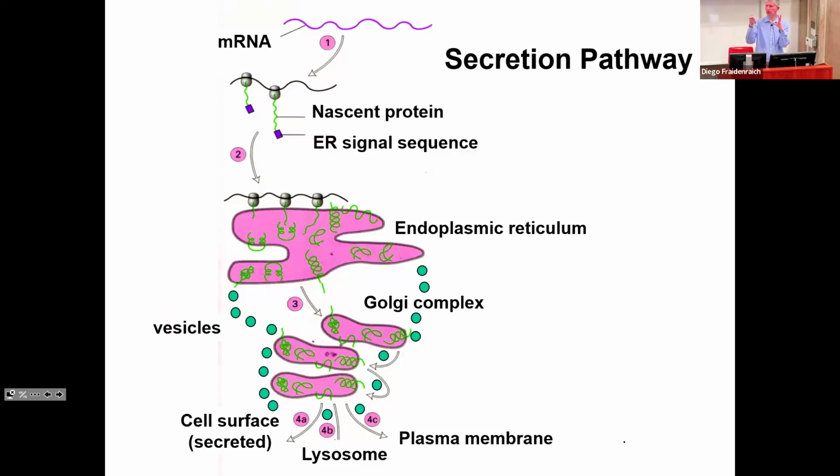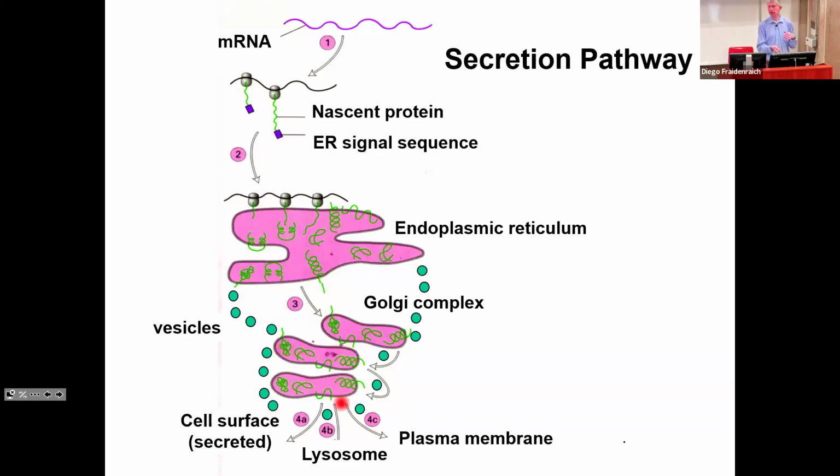These are little balls of lipids, something like what you get with, for example, Pfizer or Moderna with the liposomes with the mRNA. So it's a similar principle. So you have vesicles floating. It's not really floating, it's a direct movement from one organelle to the next organelle.